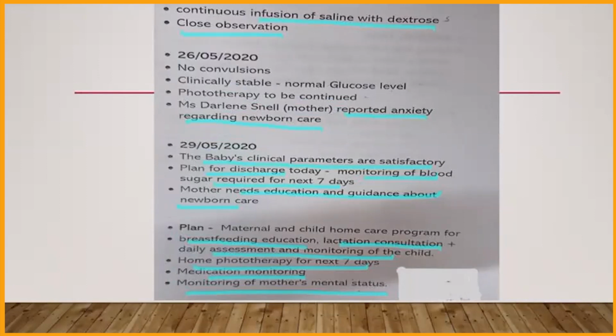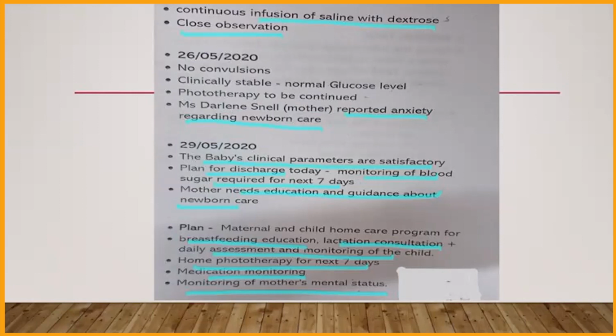Currently, Liana shows good progress. Or currently, Liana's clinical parameters are satisfactory. If you want, you can write like that. However, now we are writing something contrasting. However, comma, her mother is concerned about newborn care and requires education and guidance.